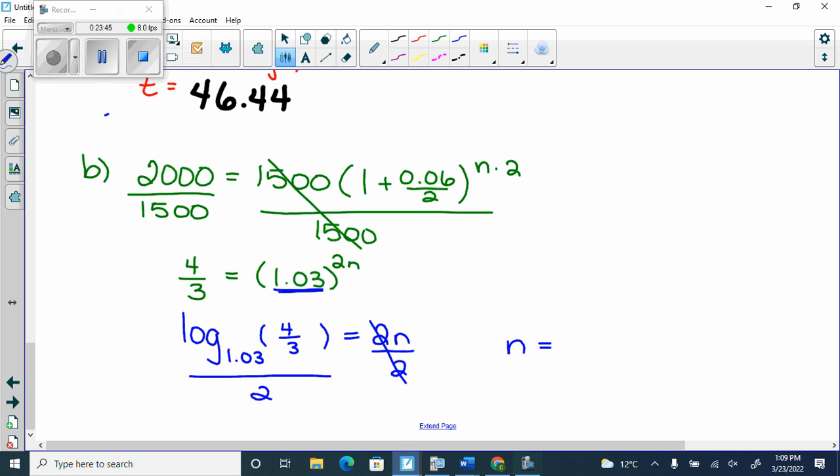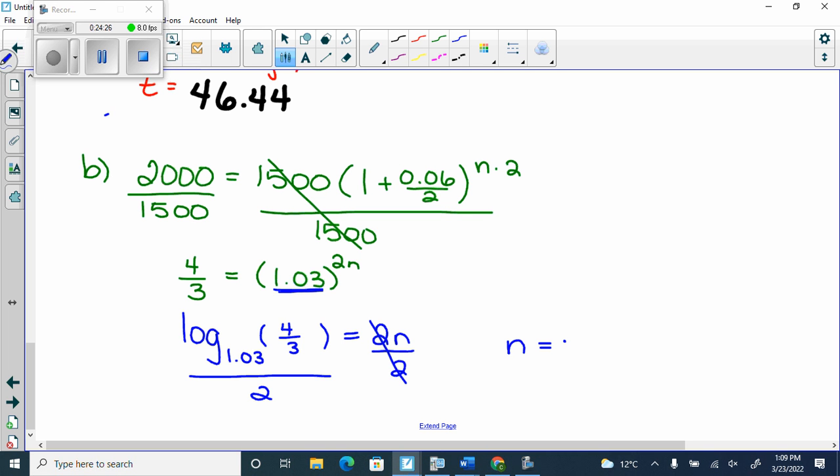Here's whole number. 4. 5. 4.9. I said 5. I get 20. How do you get that? Putting everything in brackets, divide by 2. I went log 1.03 and 4/3 beside it, hit enter, and divided by 2.